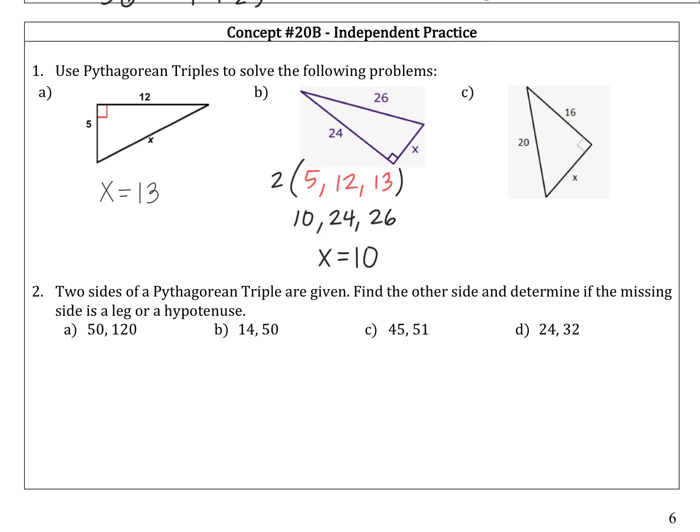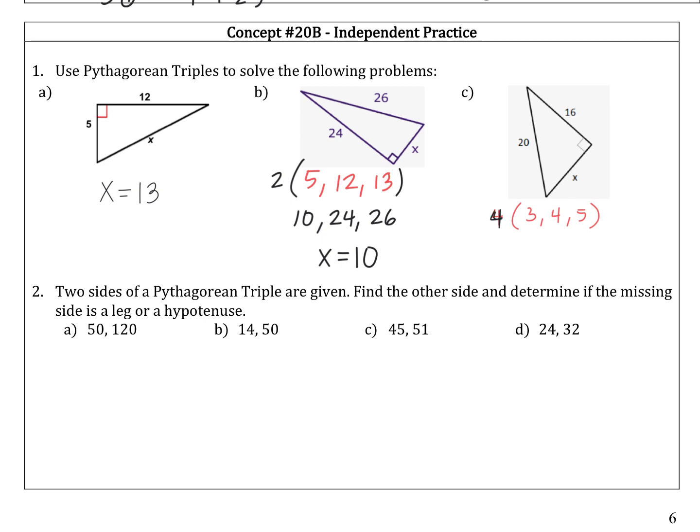Okay, 16 and 20. Can you please look back at the chart in the previous page and see where you can find it? Okay, what is it a multiple of? It's 3, 4, 5. How many times did it get multiplied? It got multiplied by 4.